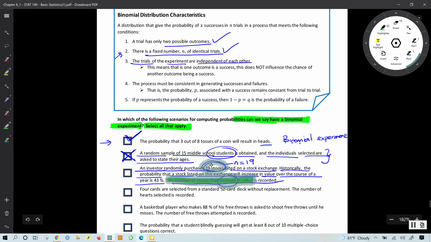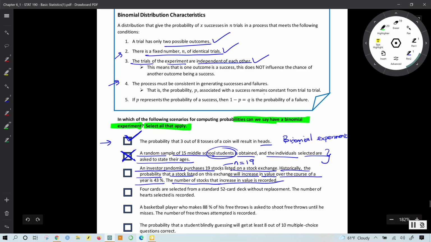Well, in this case, for the 19 stocks, there is no indicator of how the stocks might be connected in any way. So, as it stands, given the information we have, the trials are definitely independent. The behavior of one stock is independent of the other one. So, condition 3 is met.